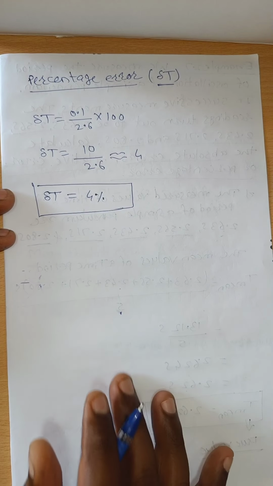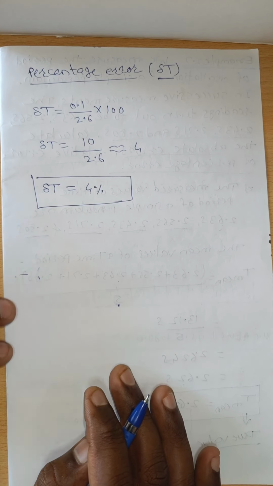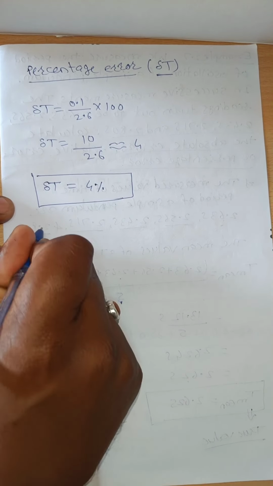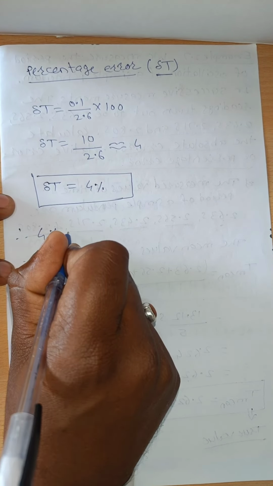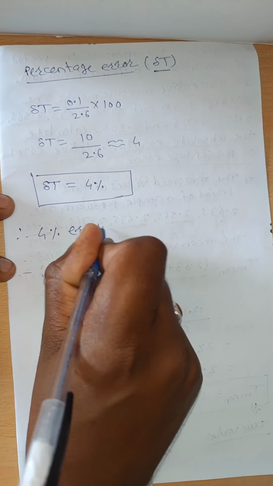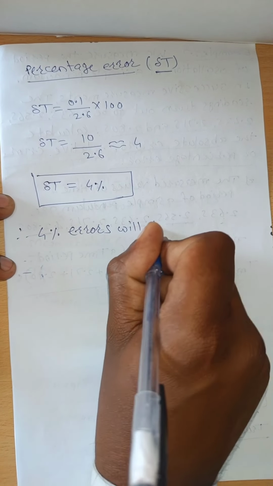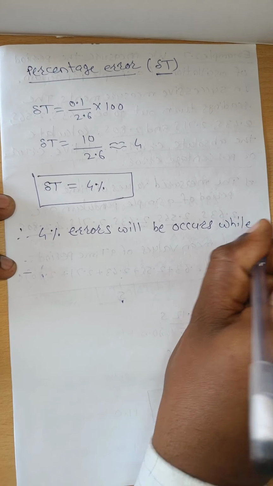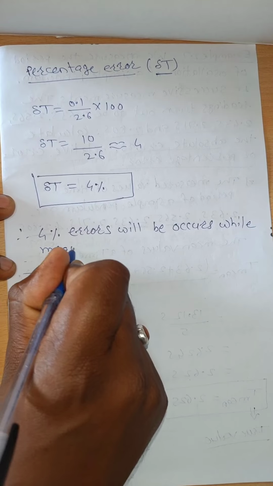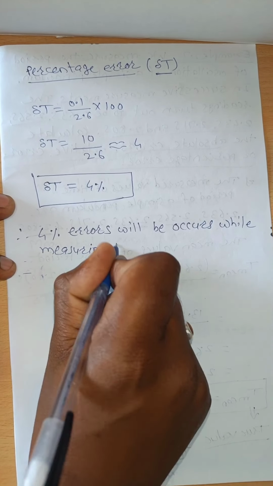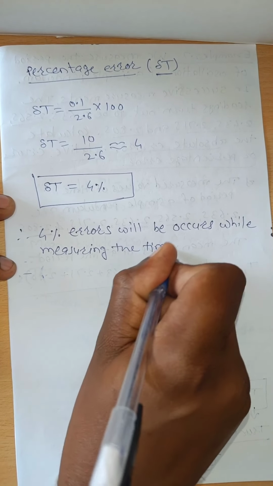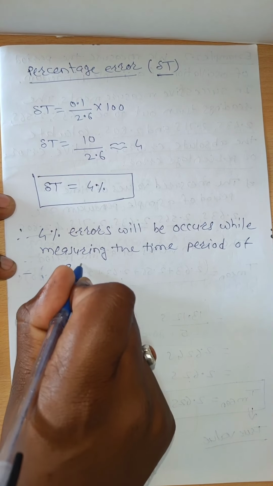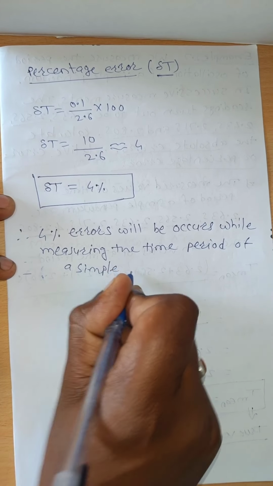Therefore the error in the time period of a simple pendulum is 4%. A 4% error will occur while measuring the time period of a simple pendulum.